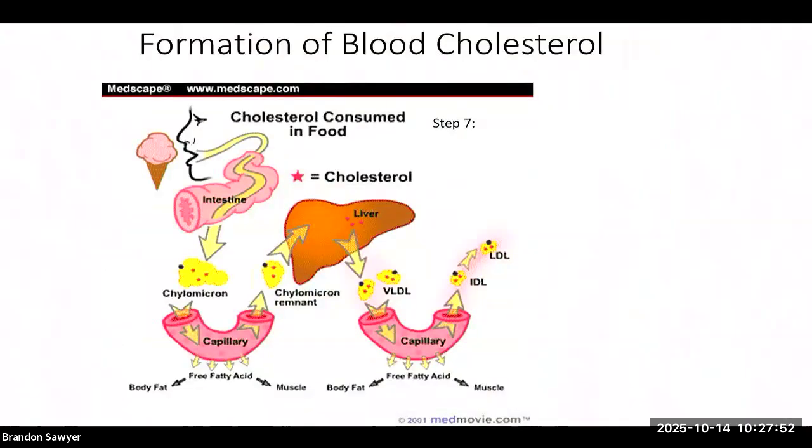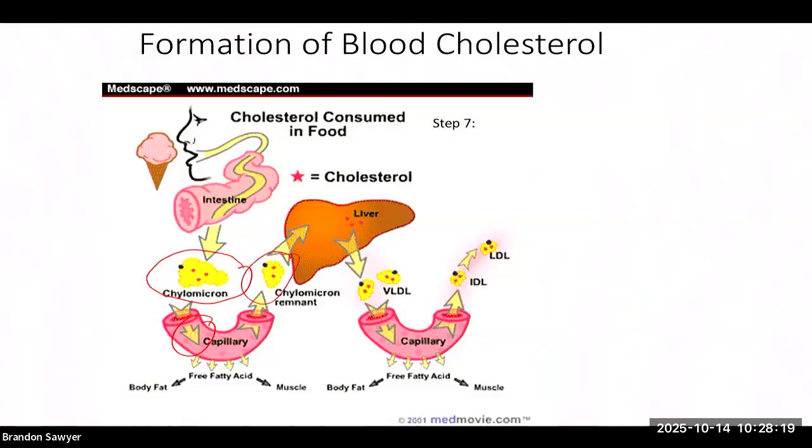I'll just point out here on this third one that it is important to know the order of things. The chylomicron is our first step, formed in the intestinal cells. Then it ends up in the blood, so we do have some chylomicrons in the blood, but they get broken down into smaller chylomicrons, or chylomicron remnants, before they even get to the liver.